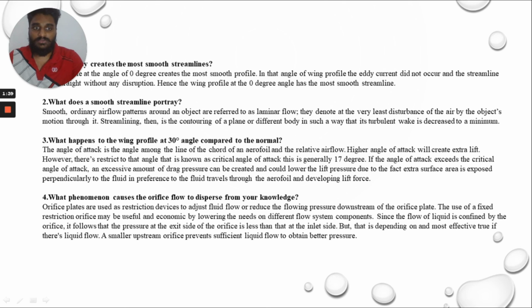Since the flow of liquid is confined by the orifice, it follows that the pressure on the exit side of the orifice is less than that at the inlet side. But that is only true if there is a liquid flow. A smaller upstream orifice prevents sufficient liquid flow to obtain better pressure.